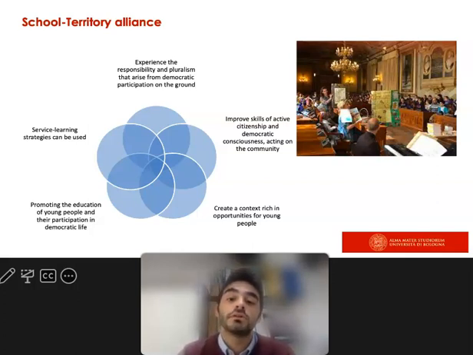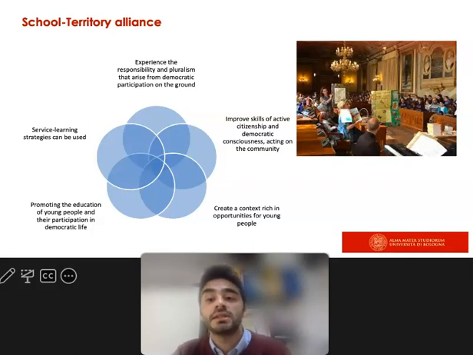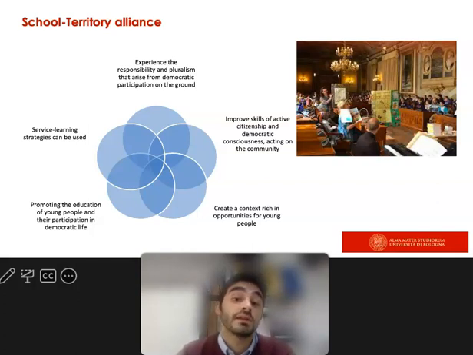The creation of a network of actors who care about the growth of students at all levels is important for at least two reasons. The first consists in the fact that the educating community is able to merge the explicit and intentional education that is done at school with the implicit education that is gained from attending one's territory.